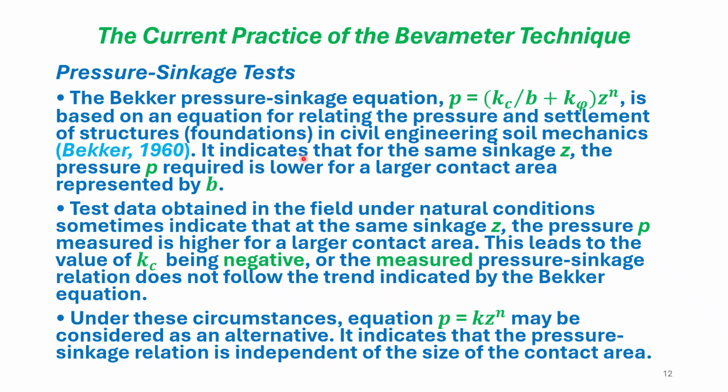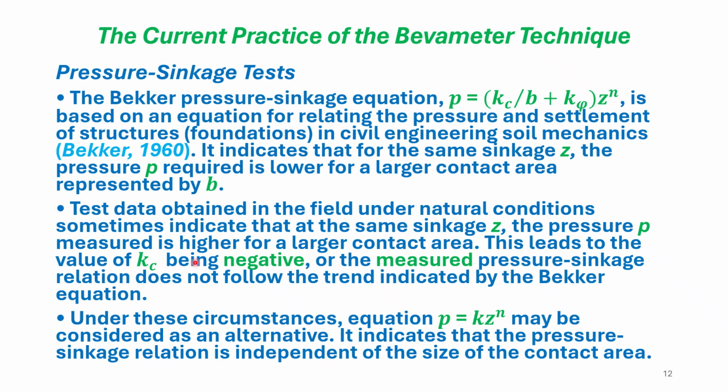It indicates that for the same sinkage Z, the pressure P required is lower for a larger contact area represented by B. Test data obtained in the field under natural conditions sometimes indicate that at the same sinkage Z, the pressure P measured is higher for a larger contact area.